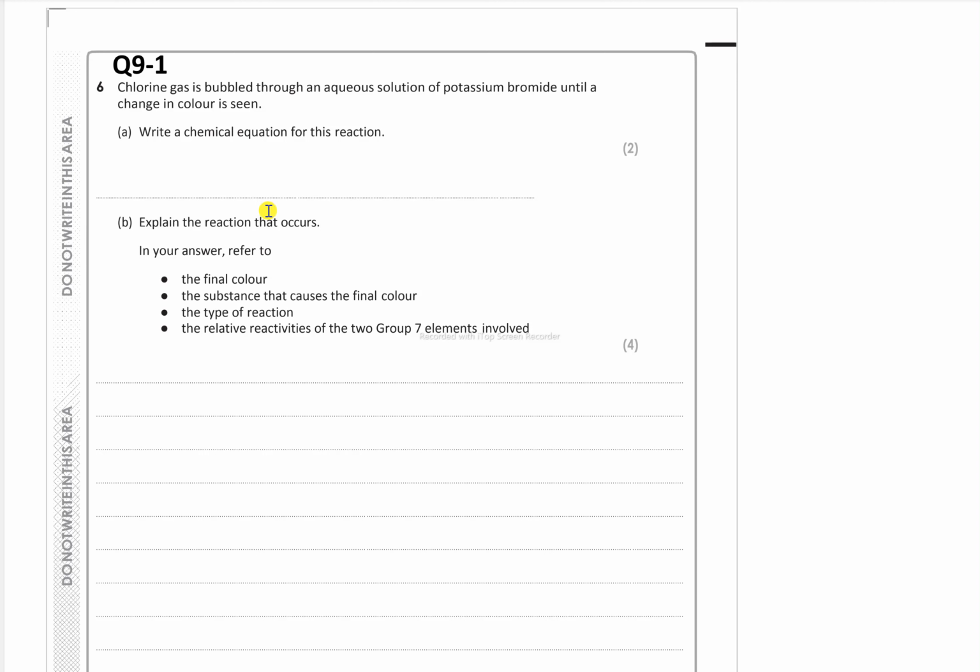Right, we're going to bubble through final color type of reactions. Okay, so we'll come to that in the next video.